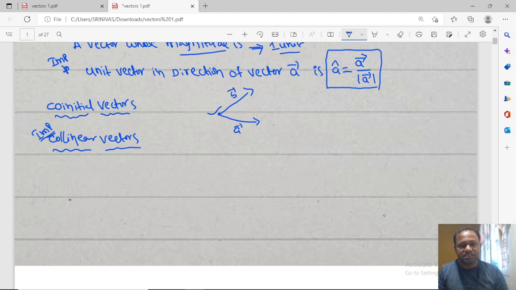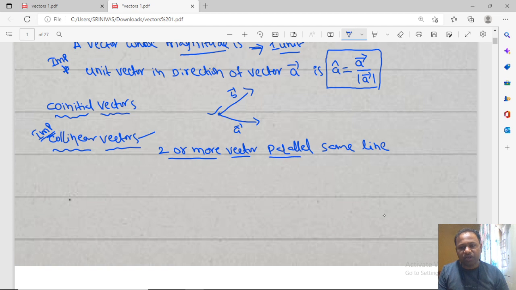Collinear vectors means two or more vectors parallel to the same line, irrespective of their magnitude and direction.